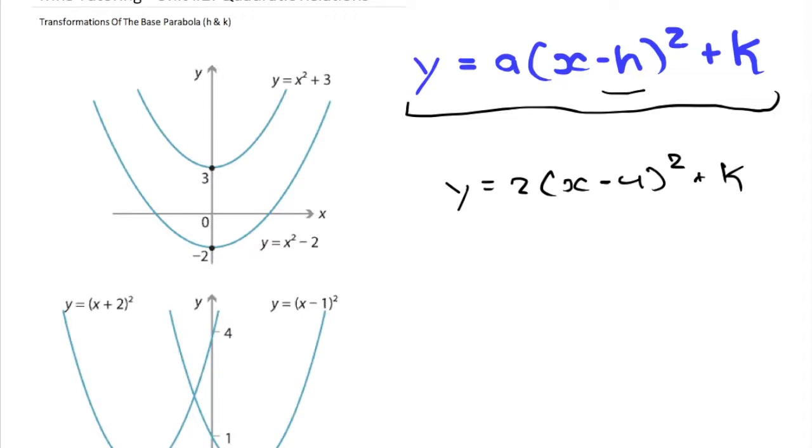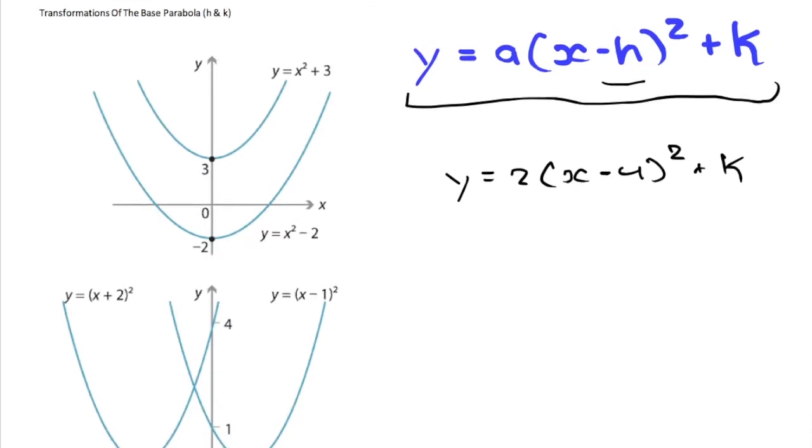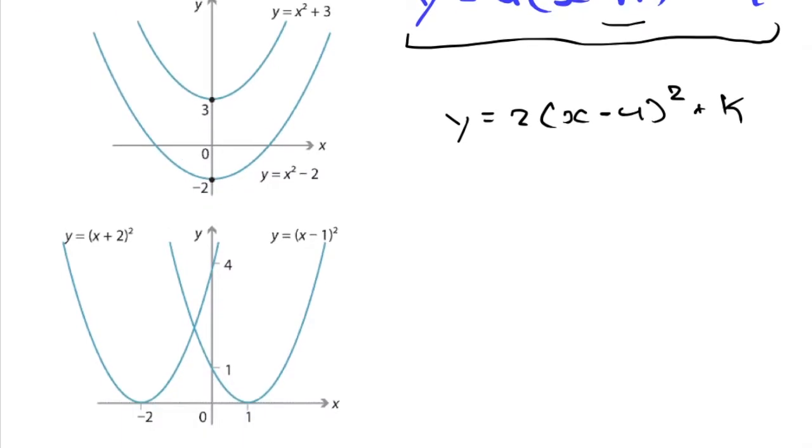I'm going to keep k as a variable right now because we're not working with k right now. So if h was 4 in this equation, it would mean that the parabola was translated 4 units to the right. So the vertex of the parabola, where it starts, would be 4 units to the right of the origin, which is (0, 0).